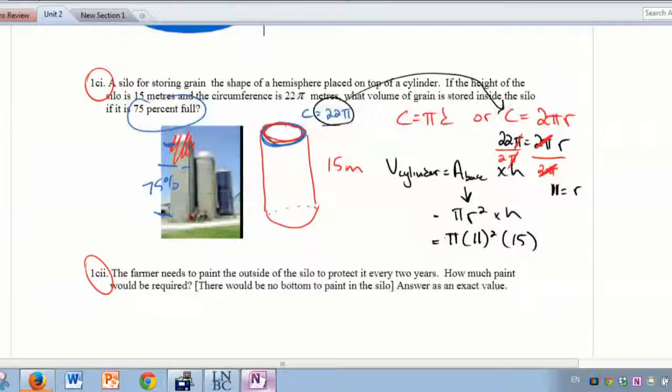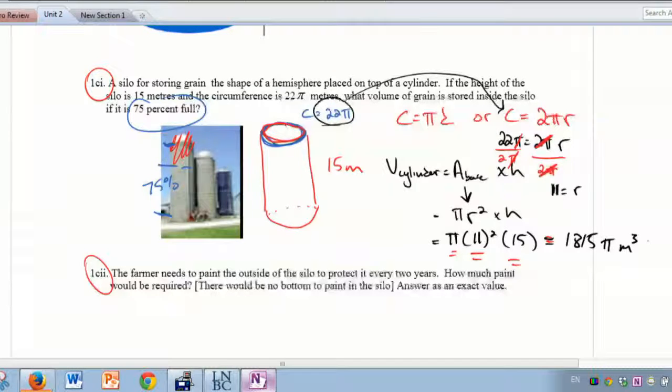I have a feeling the answer is probably an exact value, so I'm just going to leave the pi out front here. So all I'm going to do is go 121 times 15. And I get 1,815 times pi is my volume in meters cubed.